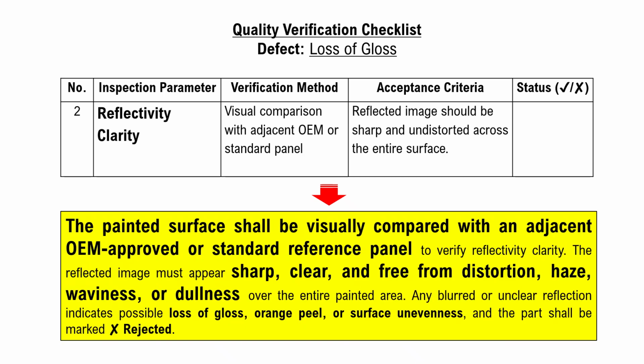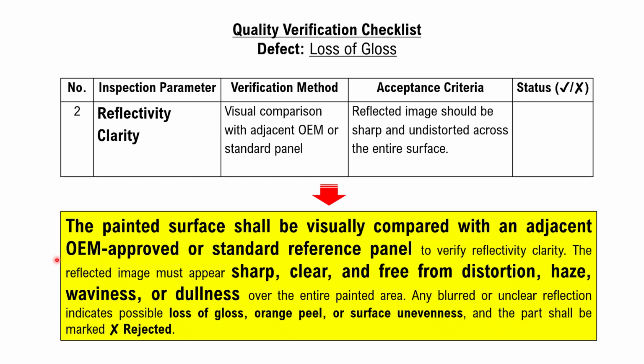Coming to point number two, the inspection parameter is reflectivity clarity. The verification method is visual comparison with an adjacent OEM or standard panel. OEM से जो स्टैंडर्ड पैनल दिए गए हैं, जो रेफरेंस पैनल दिए हैं, उनके साथ कंपैरिजन करने से. The painted surface shall be visually compared with an adjacent OEM approved or standard reference panel to verify reflectivity clarity.